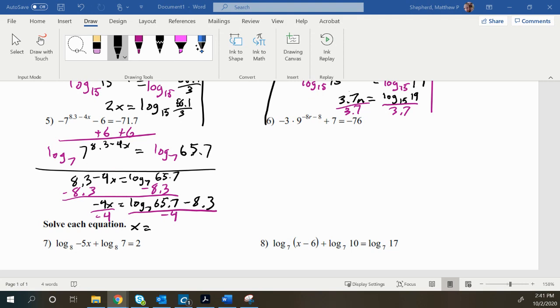And then typing it into our calculator, so log base 7 of 65.7 minus 8.3, and all of that divided by -4. So x is going to equal 1.537.